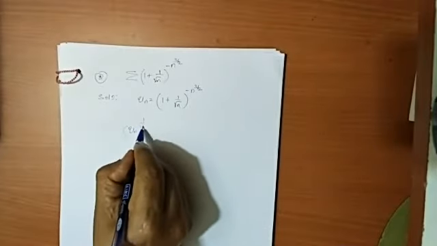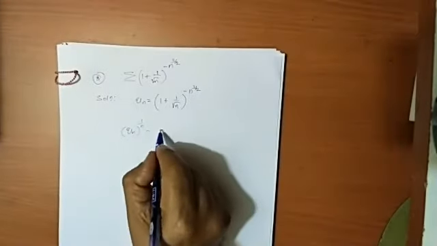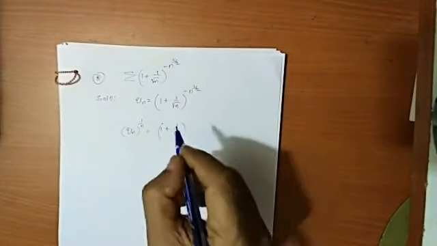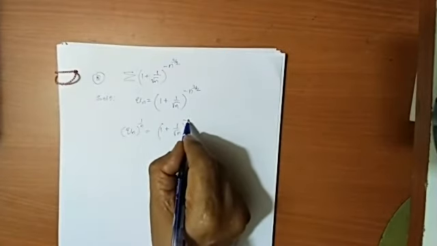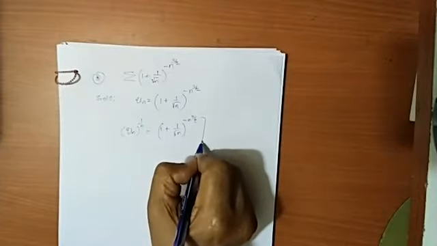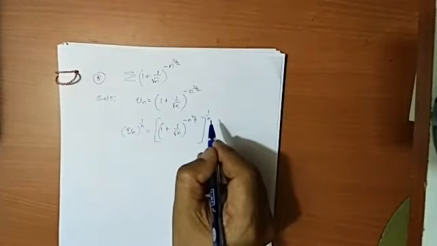Un raised to 1 by n will be equal to (1 plus 1 by root n) raised to minus n raised to 3 by 2 into 1 by n.